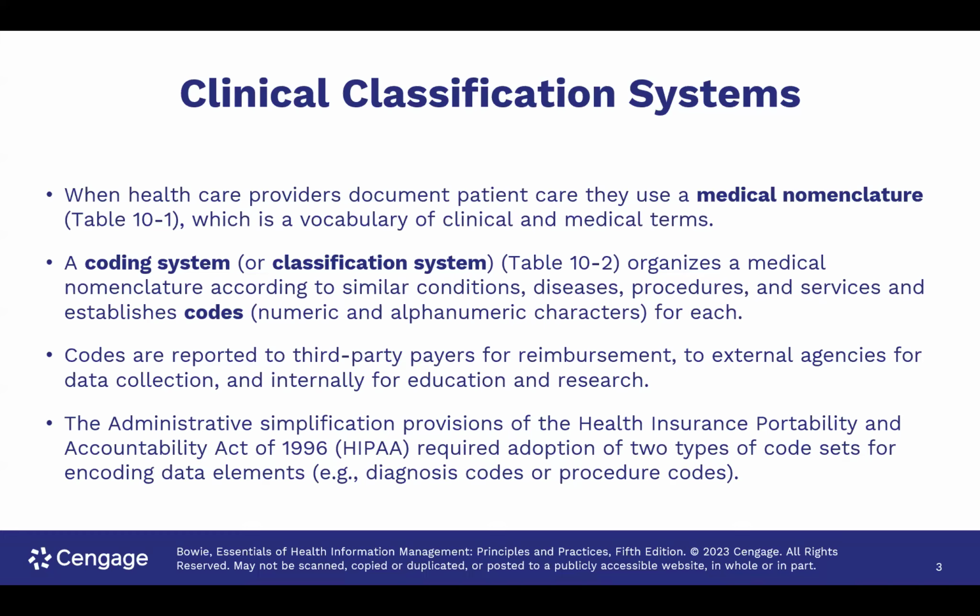The administrative simplification provisions of the Health Insurance Portability and Accountability Act of 1996, which we all know and love as HIPAA, required adoption of two types of code sets for encoding data elements, meaning the diagnosis codes or procedure codes.